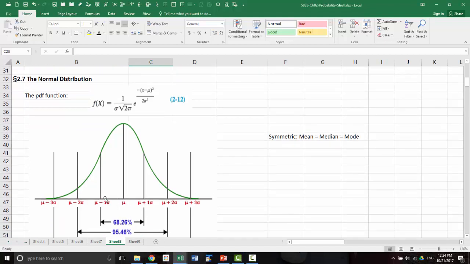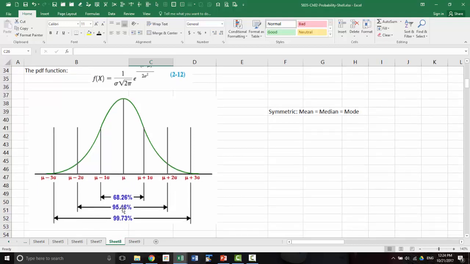Another property of a normal distribution is that, generally speaking, if you look at an interval of one standard deviation, where sigma is the standard deviation, going one standard deviation to the left and one to the right, the probability will be roughly 70%, a little less than 70%. If you go two standard deviations on either side, that will be slightly over 95%.